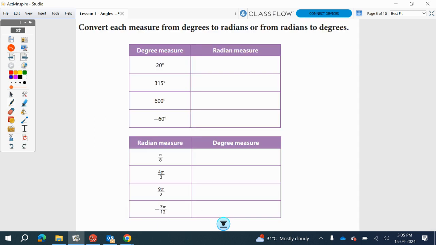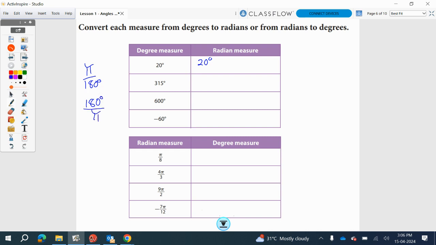Okay, convert each measure from degrees to radians or radians to degrees. So we need to convert 20 degrees into radians. You've got to multiply it by a conversion factor, and it's either going to be this or this. I can never remember which one is which.